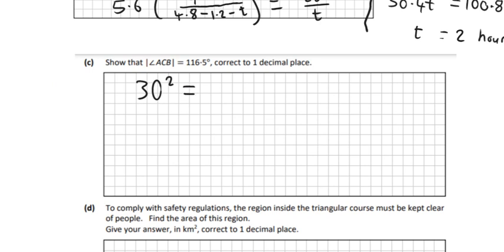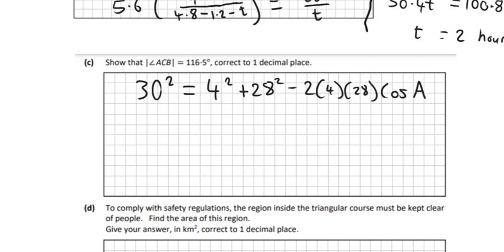So 30 squared equals 4 squared plus 28 squared minus 2 times 4 times 28 cos of, and we'll just call it a. It doesn't really matter what you call it there.